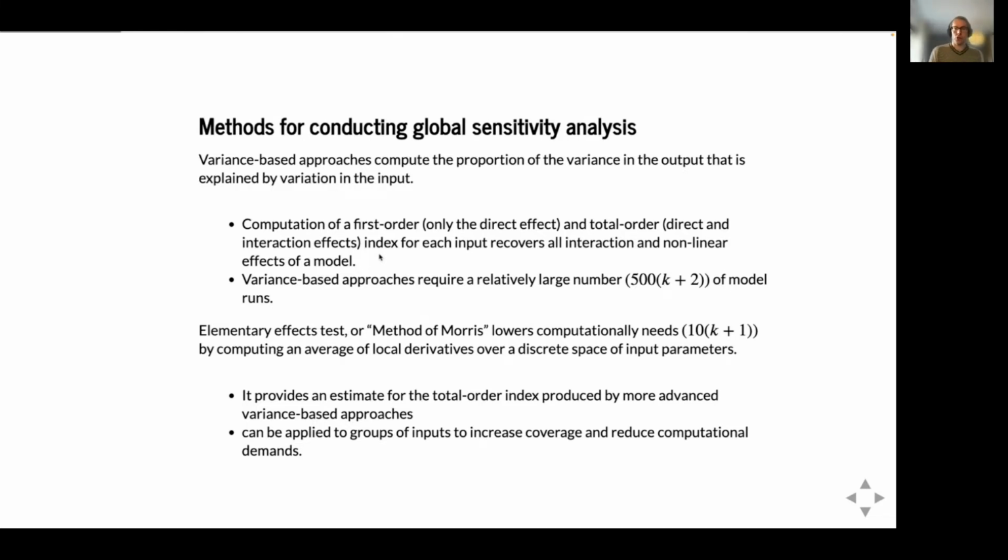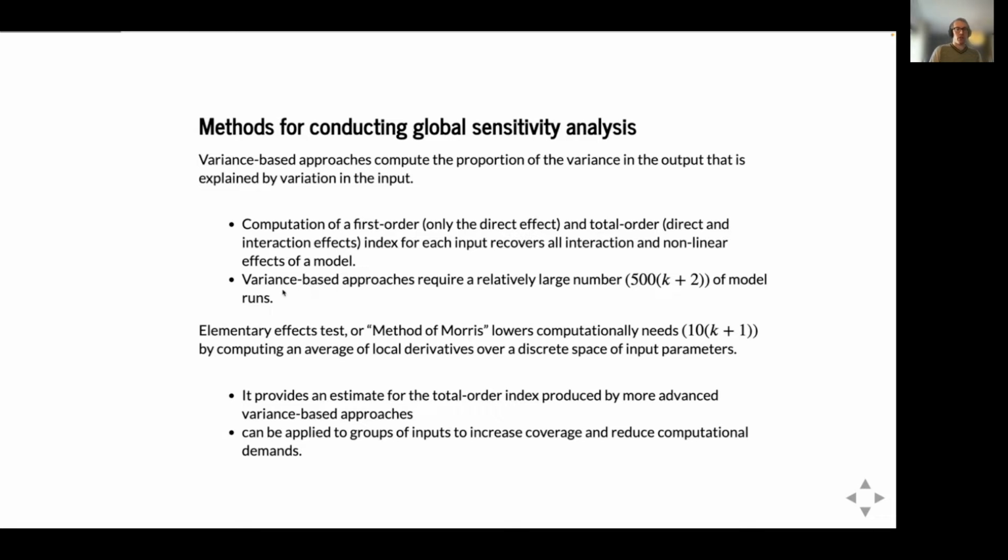You can also compute total order effects, which is the sum of the direct and interaction effects for each input. And you can also recover the nonlinear and interaction effects on the model output.